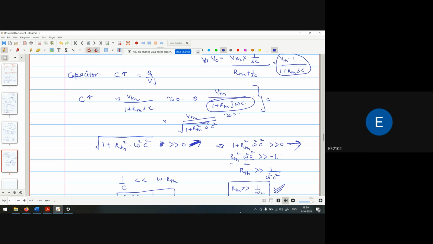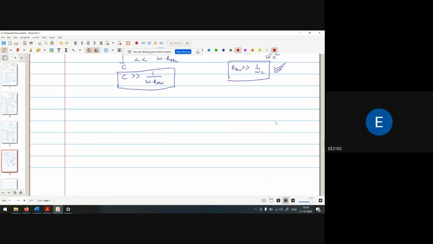This is the value of VC. We have calculated it here, no? Then how will the value of capacitor be infinite, or large?